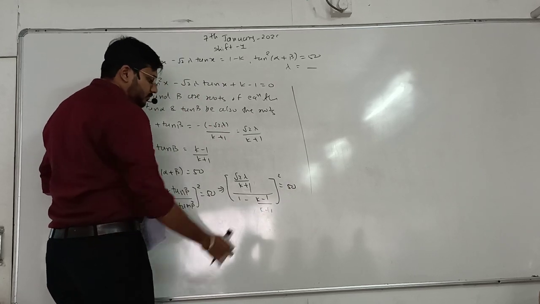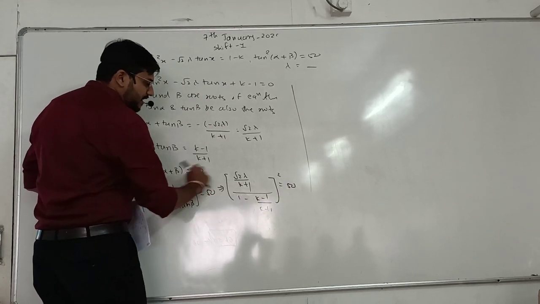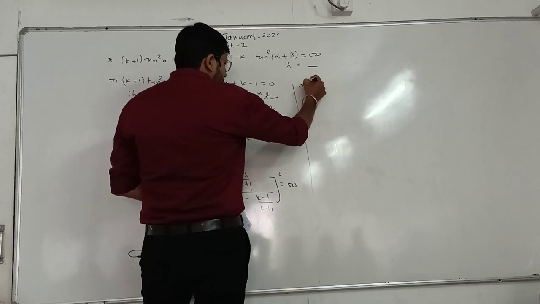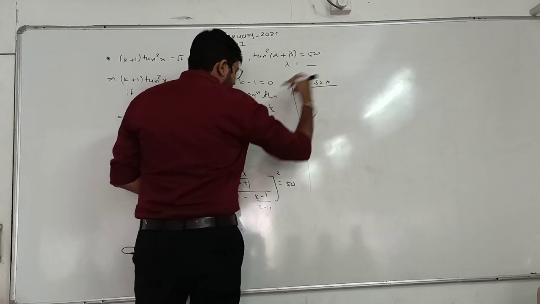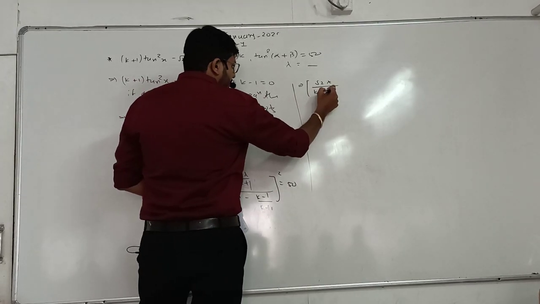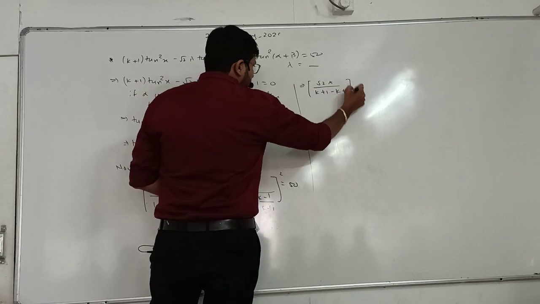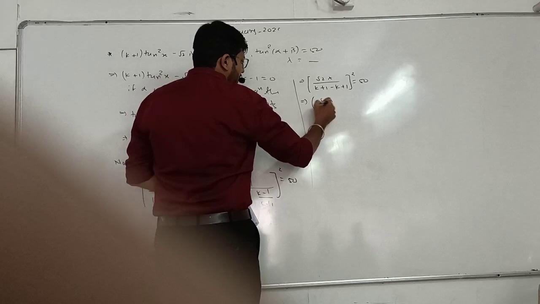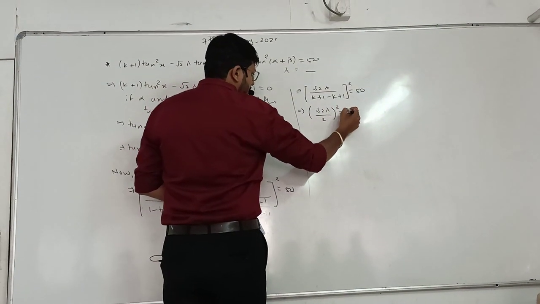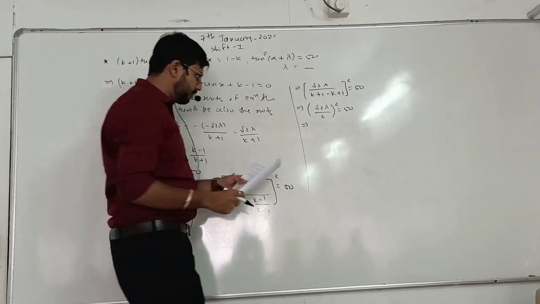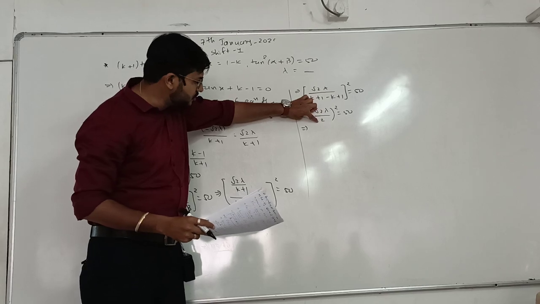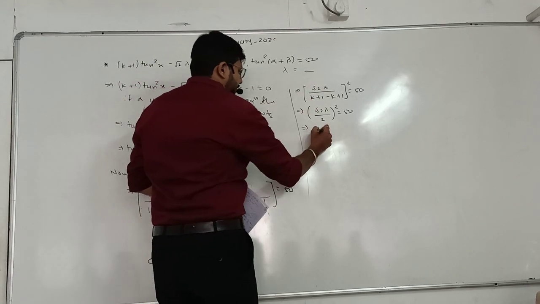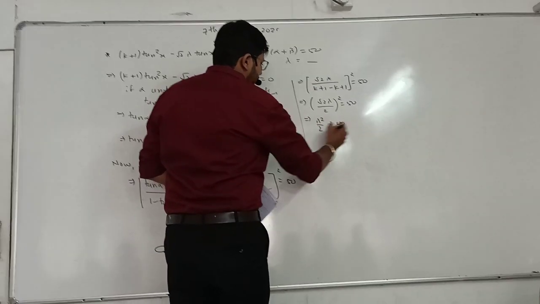So now if I take the LCM, k plus 1 cancels. So it's (root 2 lambda upon k plus 1 minus k plus 1) whole square equals 50. So it's (root 2 lambda upon 2) whole square equals 50. Root 2 whole square by 2, that is 2 lambda square by 4 equals 50.